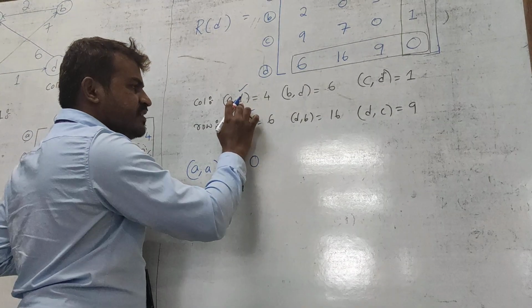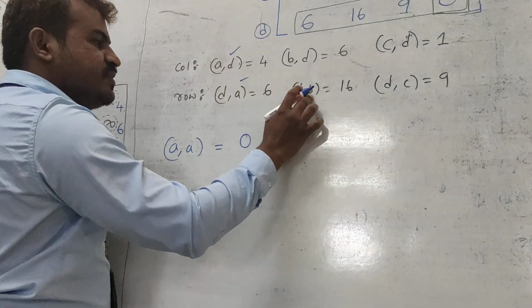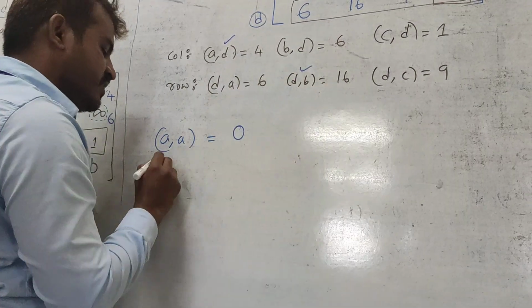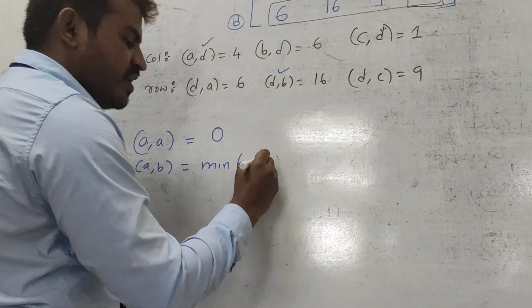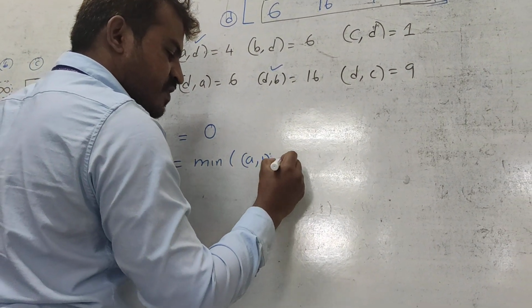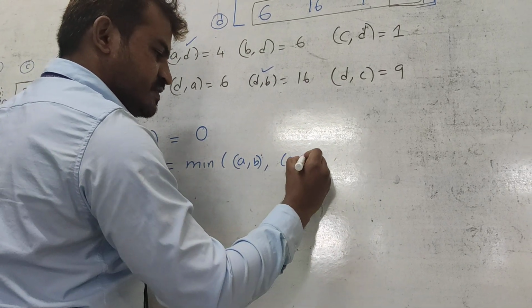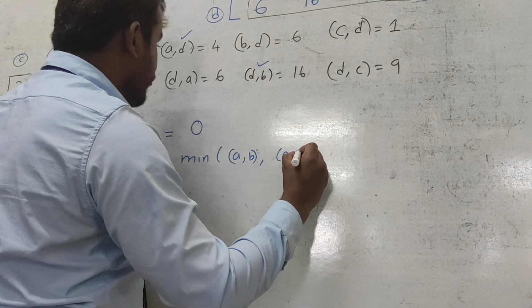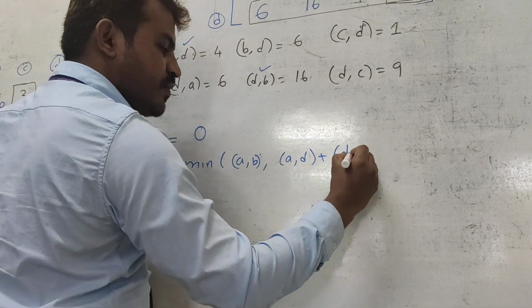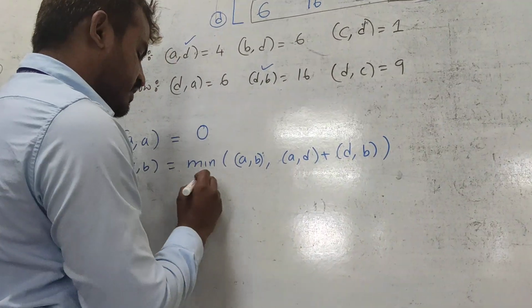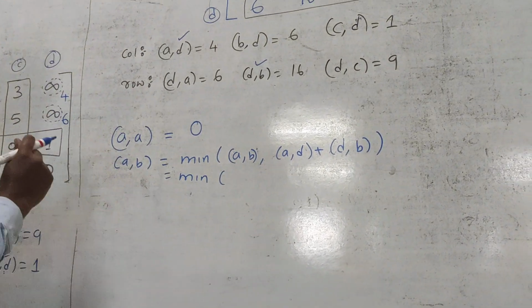A to D, then D to B, consider A to B. That may be written as minimum of A to B, A to D plus D to B. Then the minimum of A to B values.